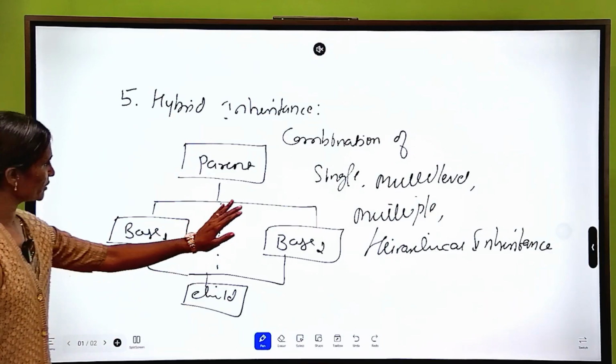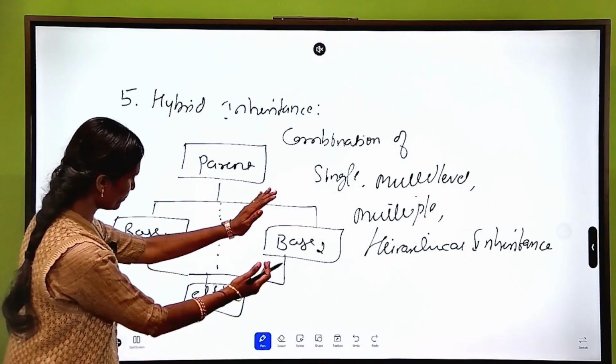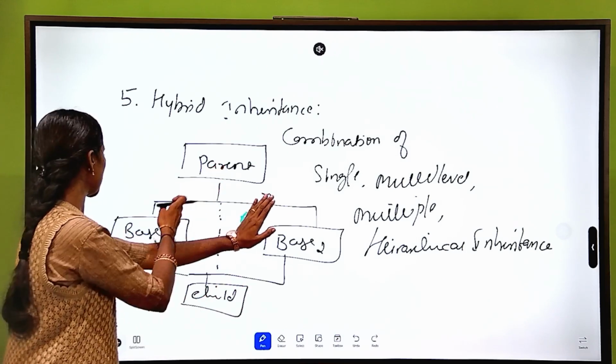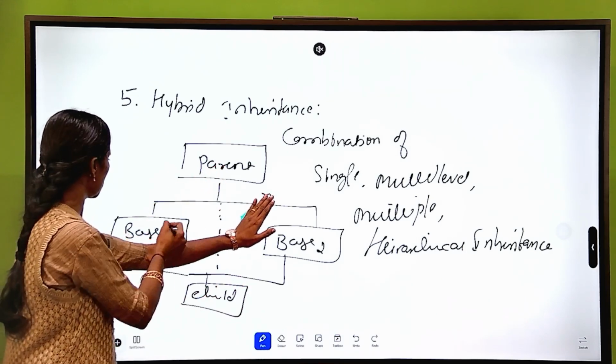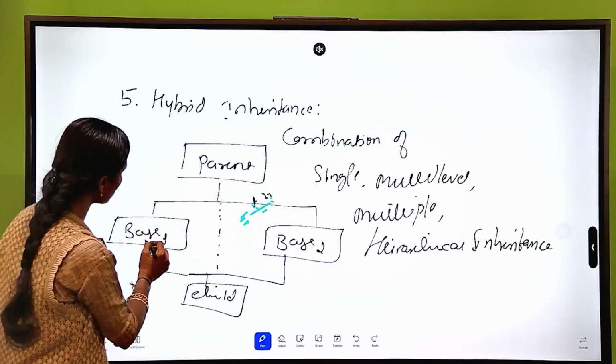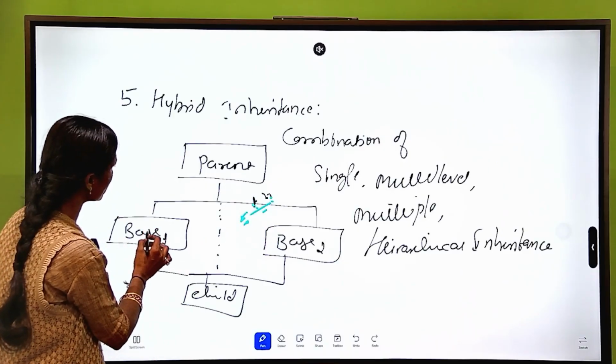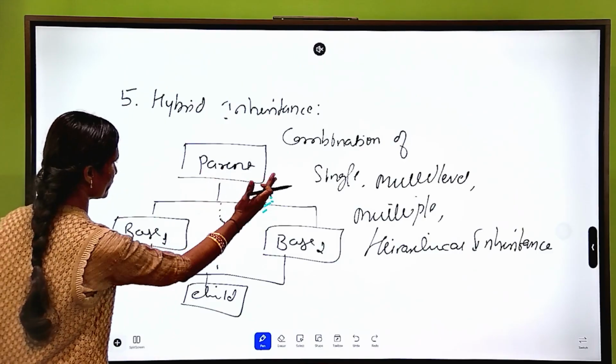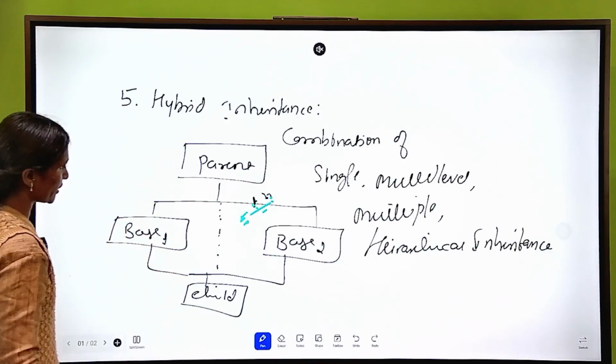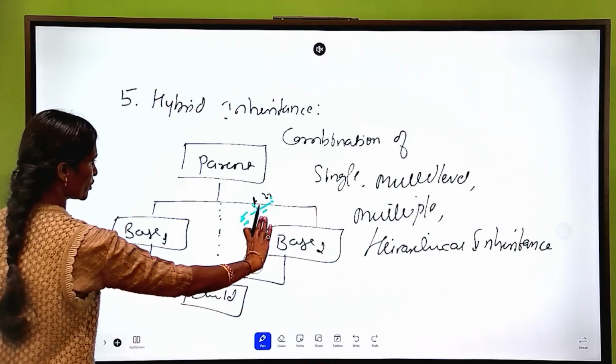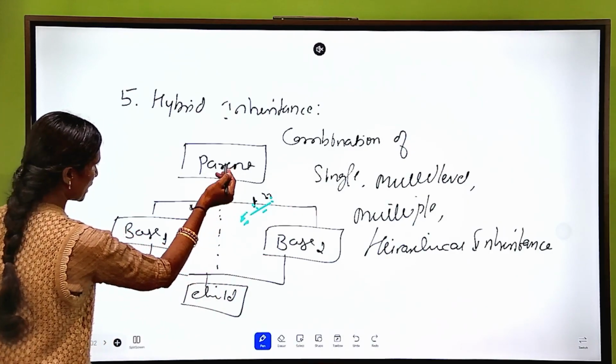Now if I hide this, the base 2 and child, this will act as a single inheritance. Base 1 is created by acquiring the properties from parent 1. So this is a single inheritance. Now if I leave only base 2, then it is multi-level.